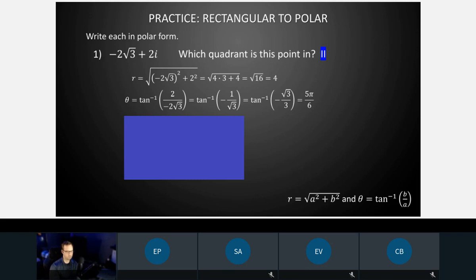Quick question. Is it acceptable to just add pi to begin with because it's tangent? Yes, that would actually work.